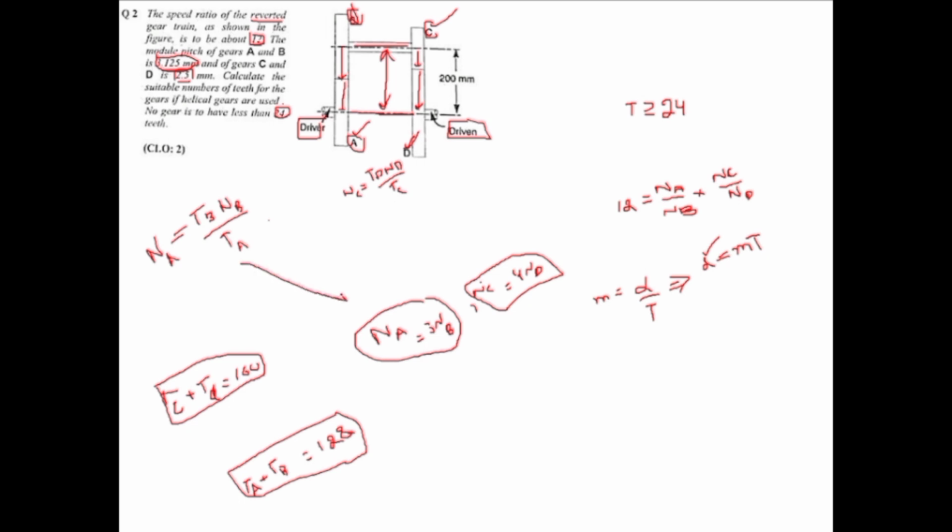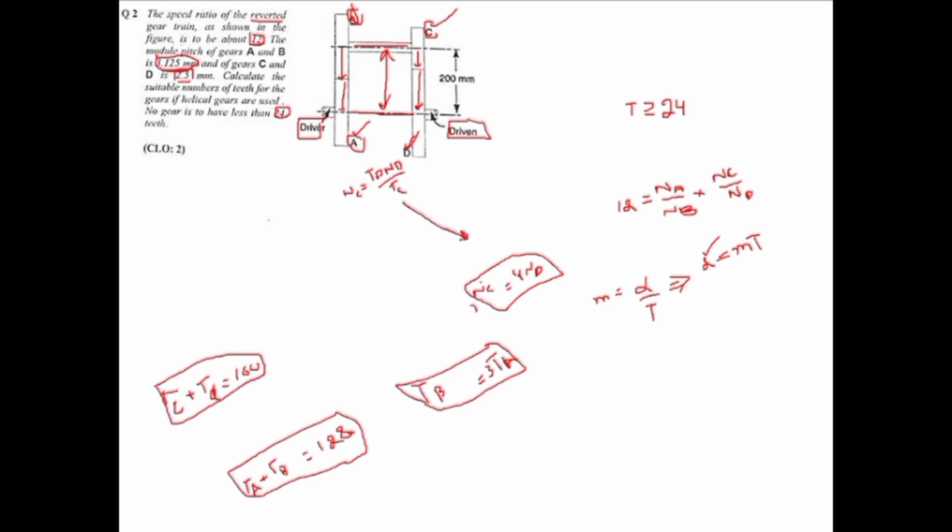Now put this value over here. You will get Tb Nb divided by Ta is equal to 3 Nb. Now Nb and Nb can be cancelled out with each other. So Tb divided by Ta is equal to 3. So Tb will be equal to 3Ta.